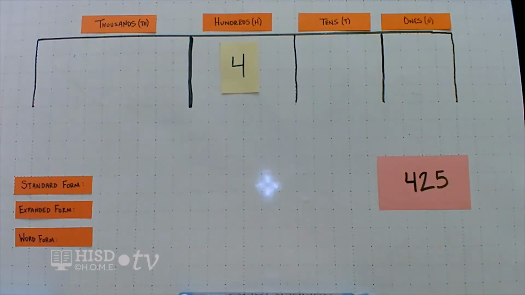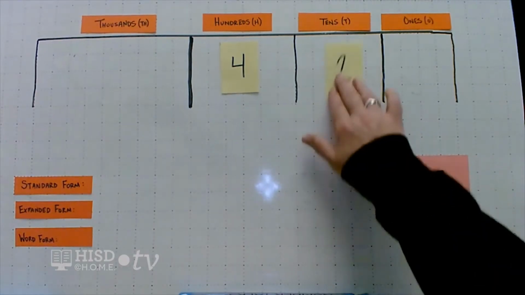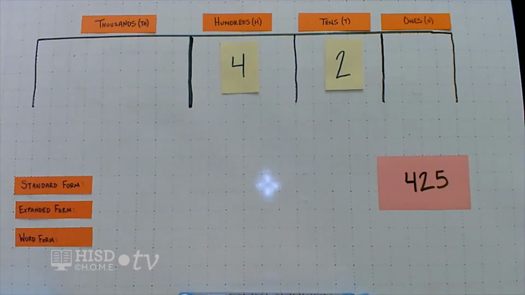We have a digit of 2 in the tens position, and we have 5 in the ones position. So now that we know that we have 4 groups of 100, 2 groups of 10, and 5 groups of ones, we can now begin to build with concrete models our place value. We can now use our place value blocks to represent the digits in each place value position.